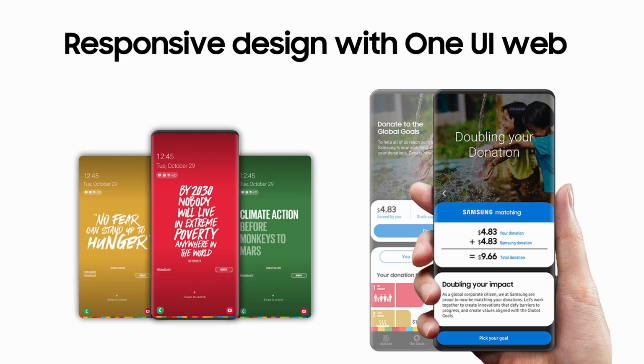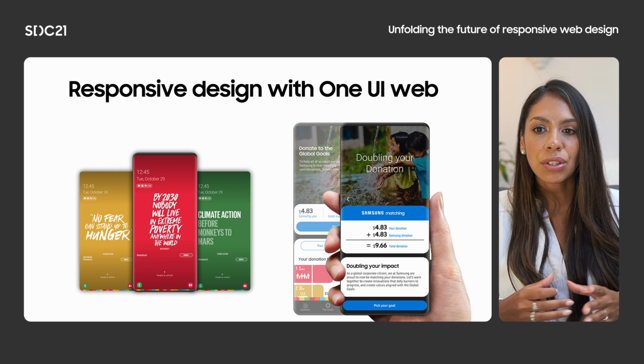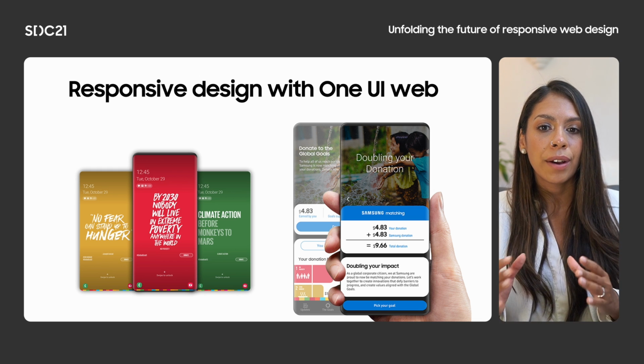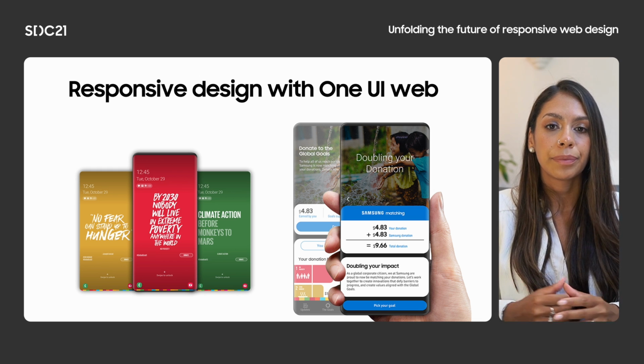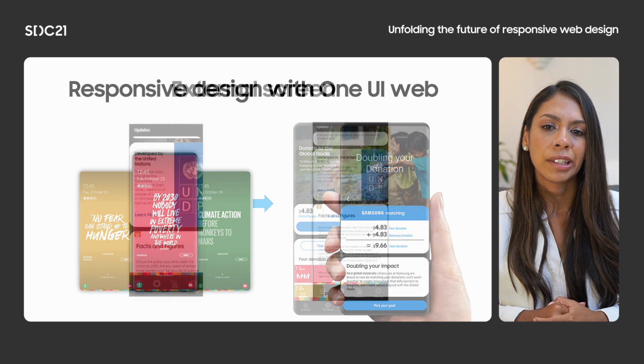We started prototyping and applying responsive design from the very beginning using One UI Web CSS, an open source library inspired by the Samsung One UI design language and created by us, Samsung Internet. With this, we can display each card and optimize our web app look and feel, saving a lot of time in terms of responsive design.